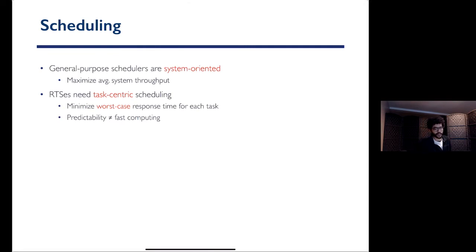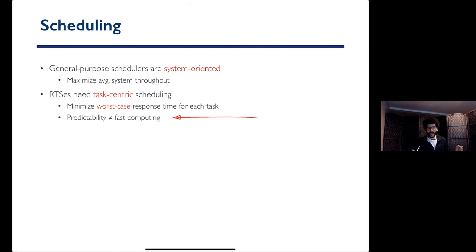And here is another reminder that predictability doesn't mean fast execution. Predictability means execution is predictable. I can predict how long it takes to run my task. It doesn't mean that my task is going to be slow. It doesn't mean my task is going to be fast. It doesn't talk about the speed of execution.